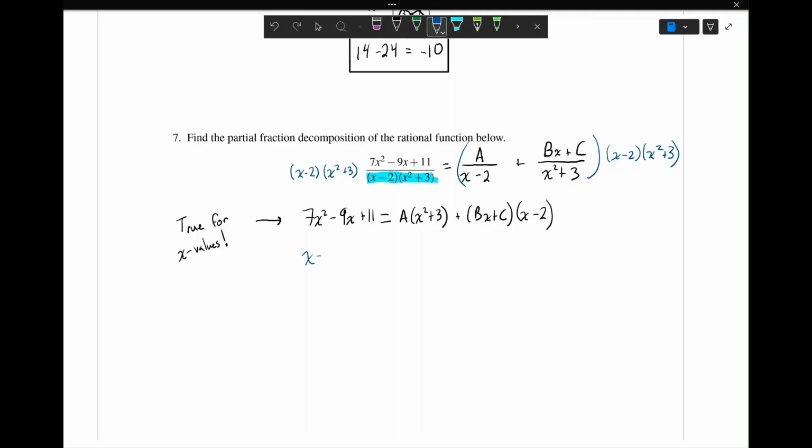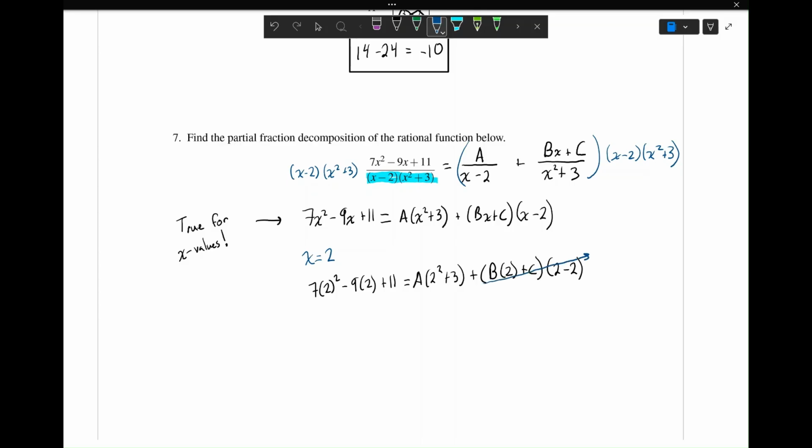So I notice here, if I put in x equals 2, that makes the bx plus c part go to 0. In other words, I end up with 7 times 2 squared minus 9 times 2 plus 11 equals a times 2 squared plus 3 plus b times 2 plus c times 2 minus 2. Well, 2 minus 2 is 0, and 0 times anything is 0.